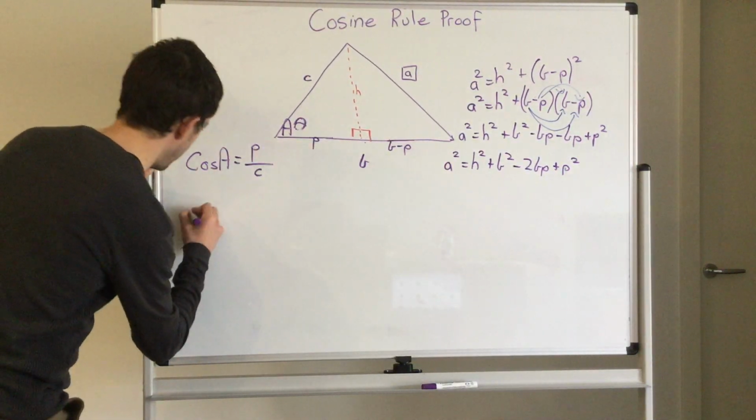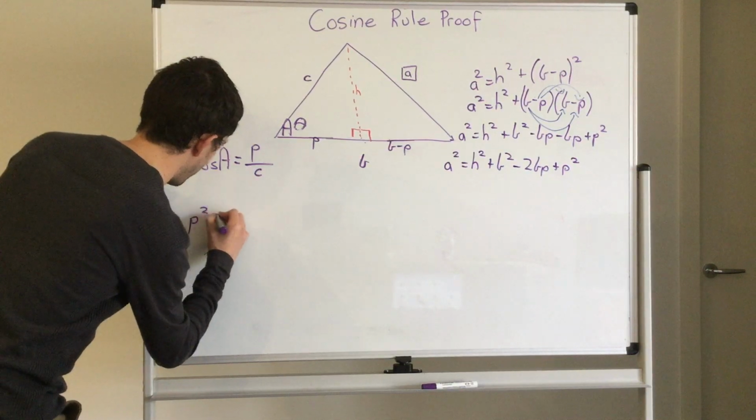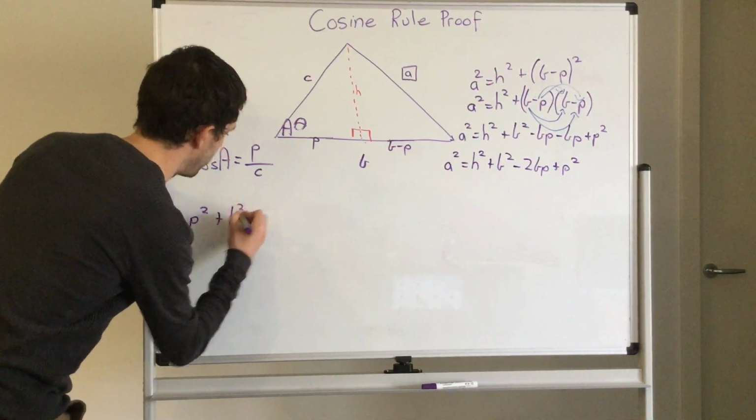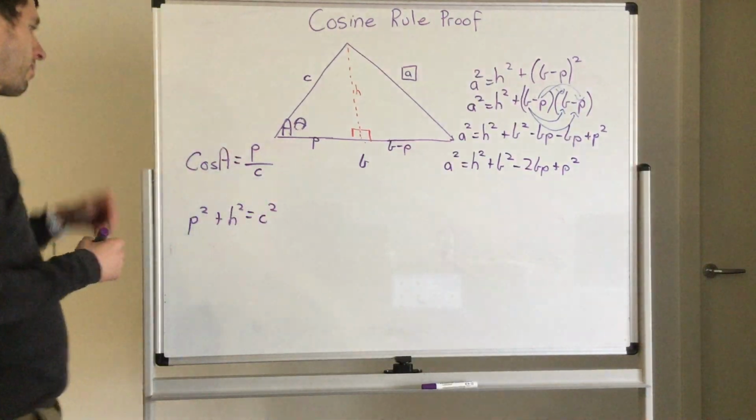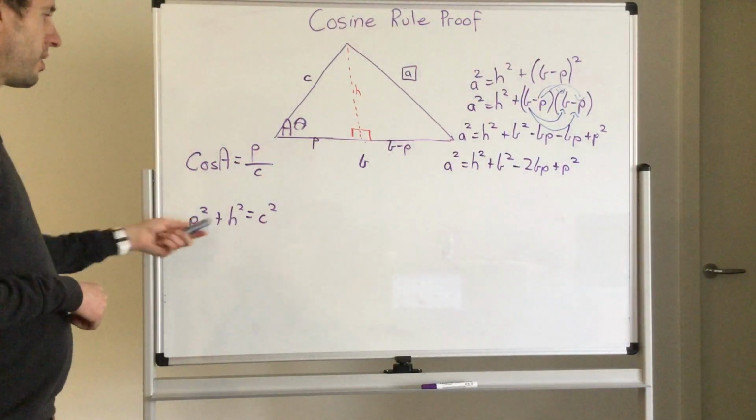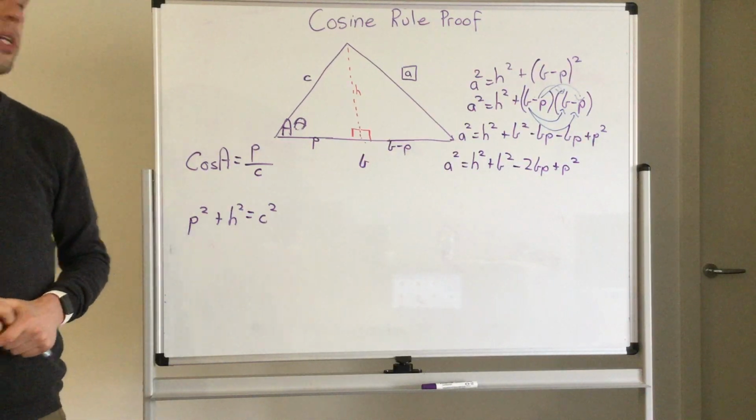Again, I can go P squared plus H squared equals C squared. So this is some of the information that we know.